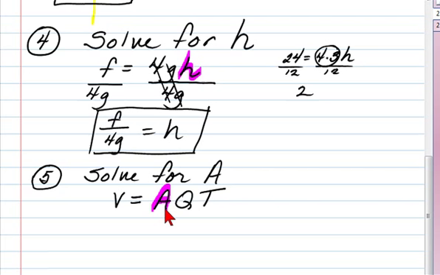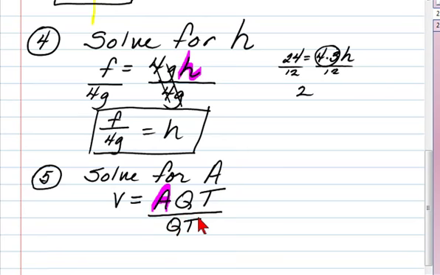Then do you agree, if you multiply times the variable, then you're the coefficient. You're like 5x. You're like 17y. You, QT, are the coefficient. So how will you get rid of a coefficient? Divide. I will divide by QT.